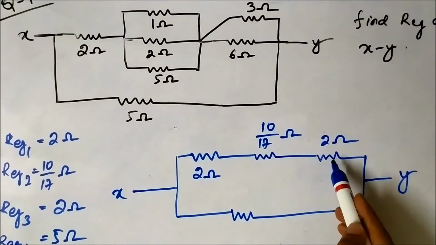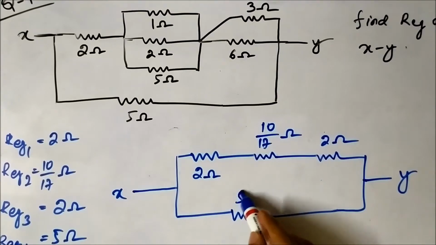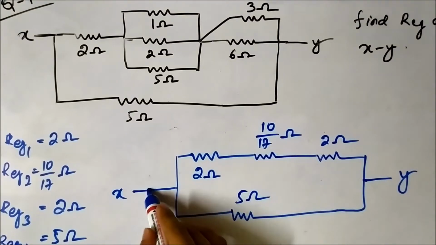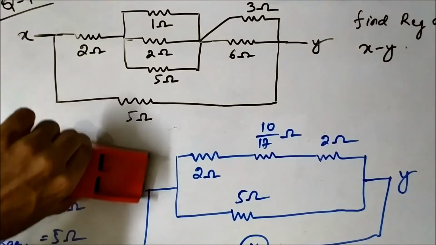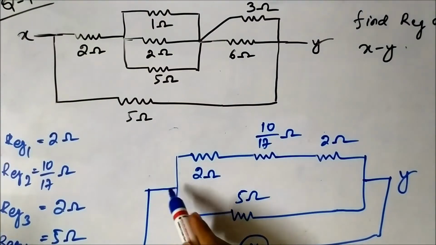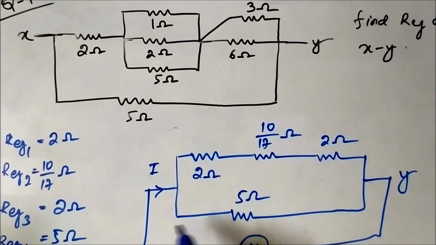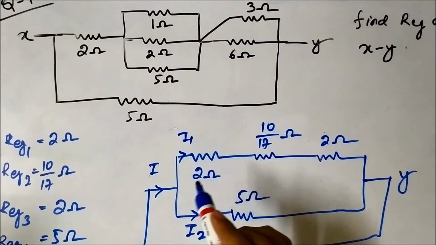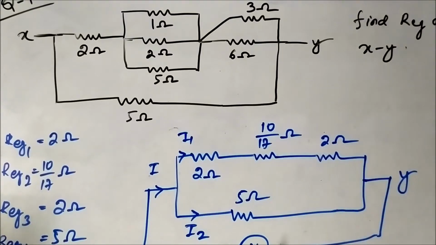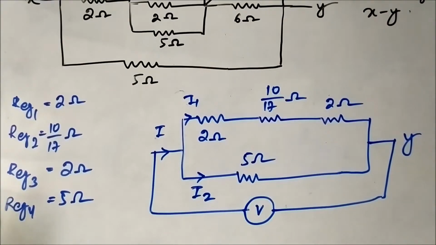Okay, because if we connect a voltage source here, the total current, let's say it's I, will get divided. Let's say current I2 flows through this 5 ohm resistor and I1 will flow through the 2 ohm, 10 by 17 ohm and 2 ohm resistance. Okay, so it means current division is taking place.